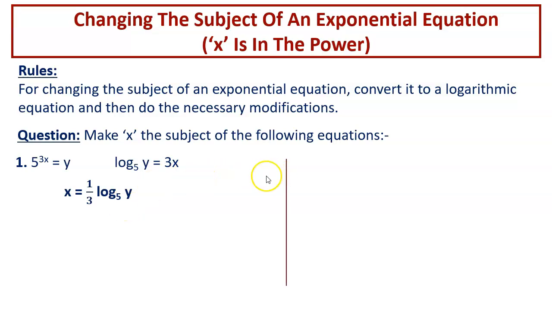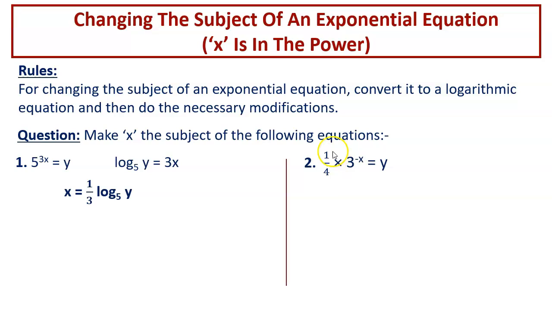Coming to question number 2. 1 over 4 times 3 to the power of negative x equal to y. Now, if you have watched my video on conversion of exponential equations to their corresponding logarithmic forms, you must be knowing that whenever you have a coefficient not equal to 1 attached to the exponential term, we divide the entire equation by that coefficient.